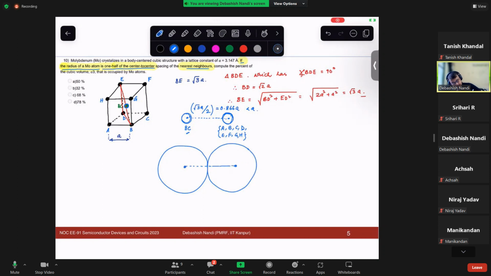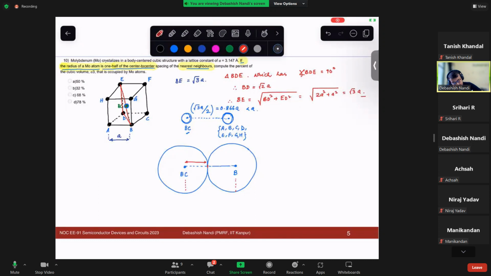So let's say this is your atom B and this is your atom BC. They are telling us that this distance is half of the center to center distance. If that is the case, then these two atoms should touch each other. So what is this distance?